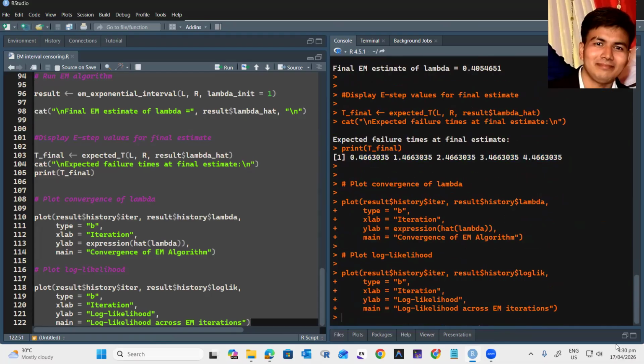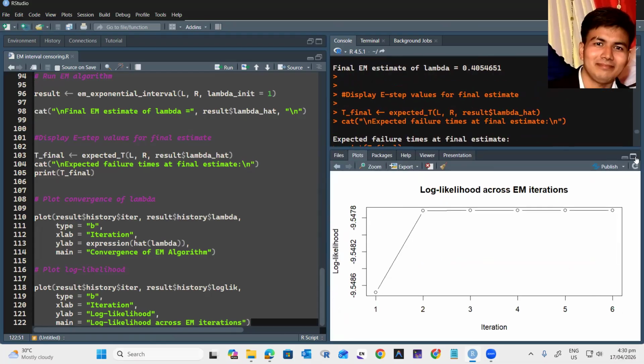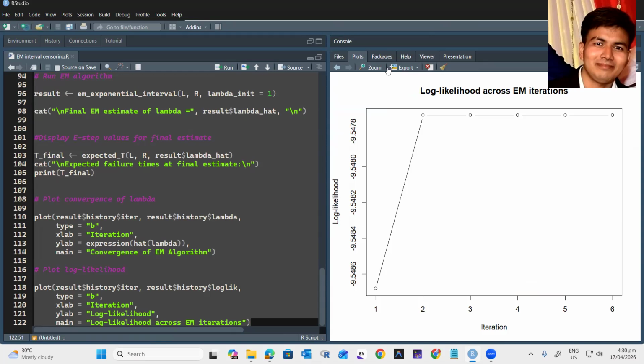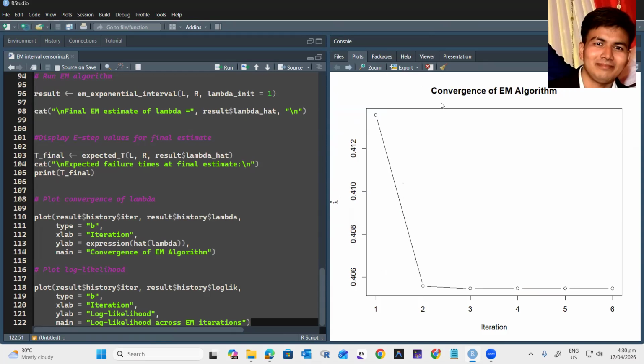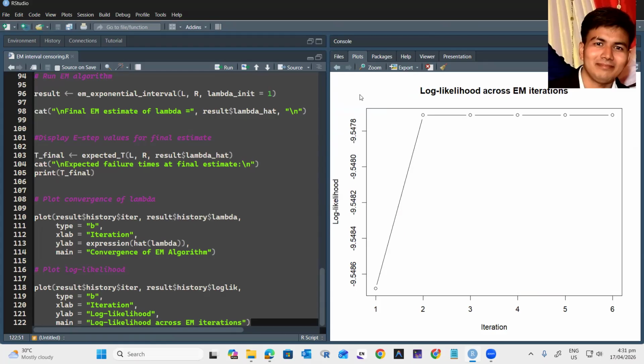And after that, we check the plot. So this is the convergence plot of the EM algorithm. We were getting the convergence at the fourth iteration, and we just checked up to the sixth iteration. All right, and the second plot was for the likelihood. Similarly, at the fourth one it is going to be converged, and it is monotonically increasing.